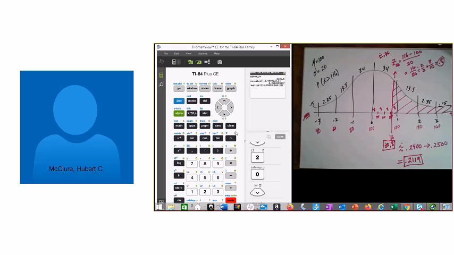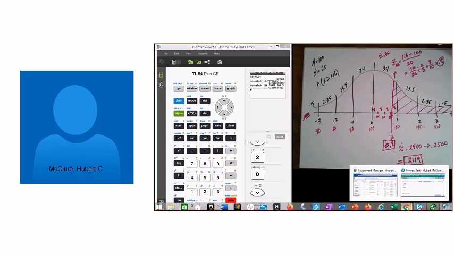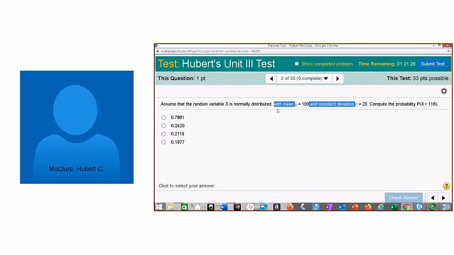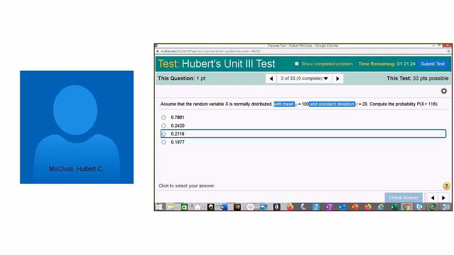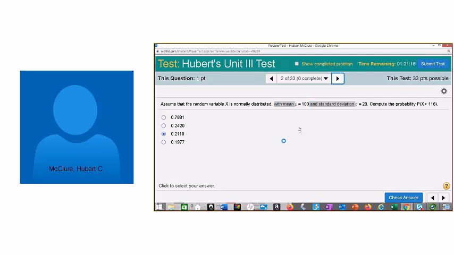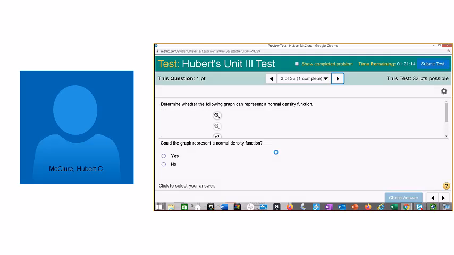And enter, and you should have the same thing. So that's a good question. Any questions on that one? 0.2119. I told you that most of this test would come from 7.1 and 7.2, especially 7.2. So there's an example. Next question.